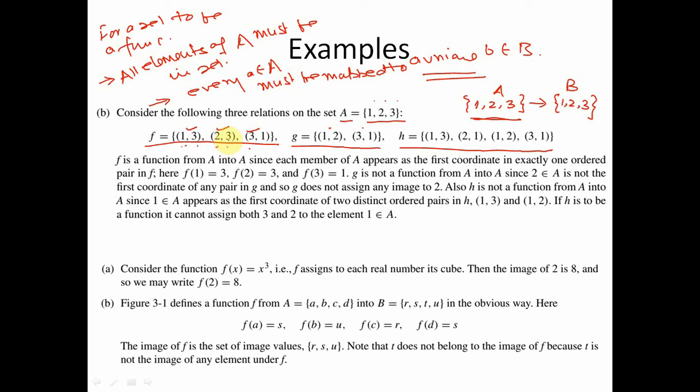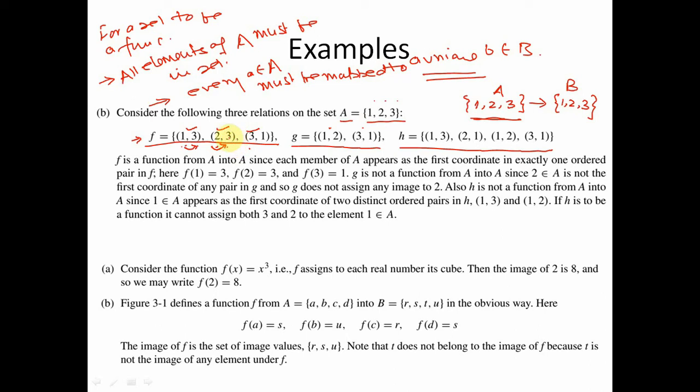The biggest confusion that comes over here is we have said that every element a must be mapped to a unique element b. So can we say that this is a function? Yes, we can. But the question might arise, if 1 is mapped to 3 and 2 is mapped to 3, how can we say that this is a function?